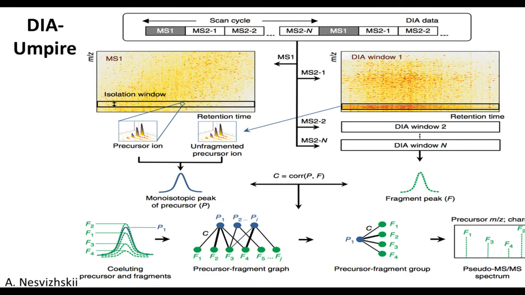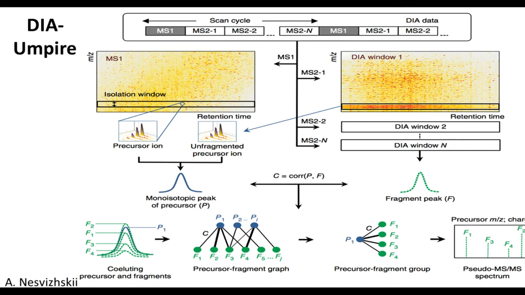And in fact we would use some different workflows here, we call DIA-Umpire, to then analyze our samples. So DIA-Umpire is actually a module that was developed by Nesvizhskii, and you can basically search DIA data by themselves.